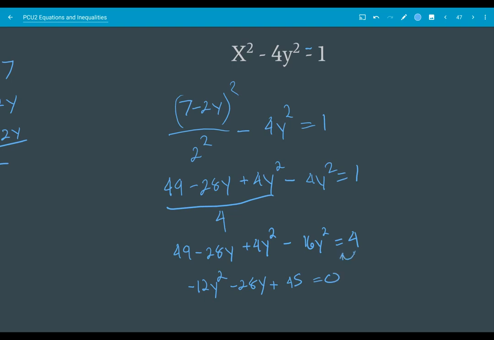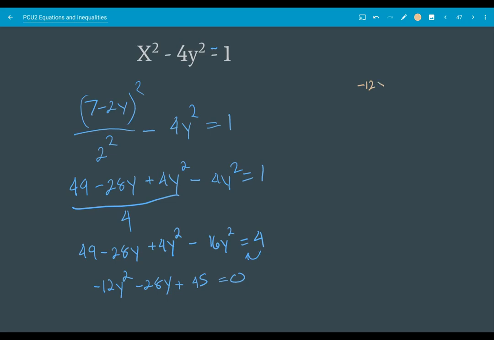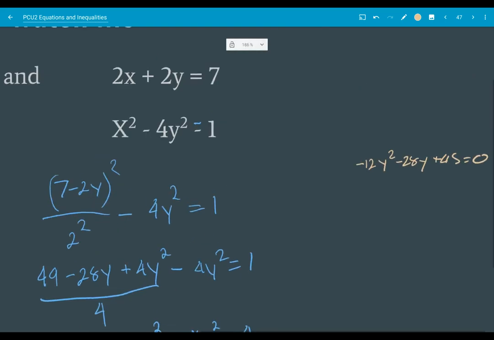I brought the 4 over as well. So there's my quadratic. Is there any number that goes into 12, 28, and 45 that we can make this equation any smaller? And I don't see any. So it's good old quadratic formula.